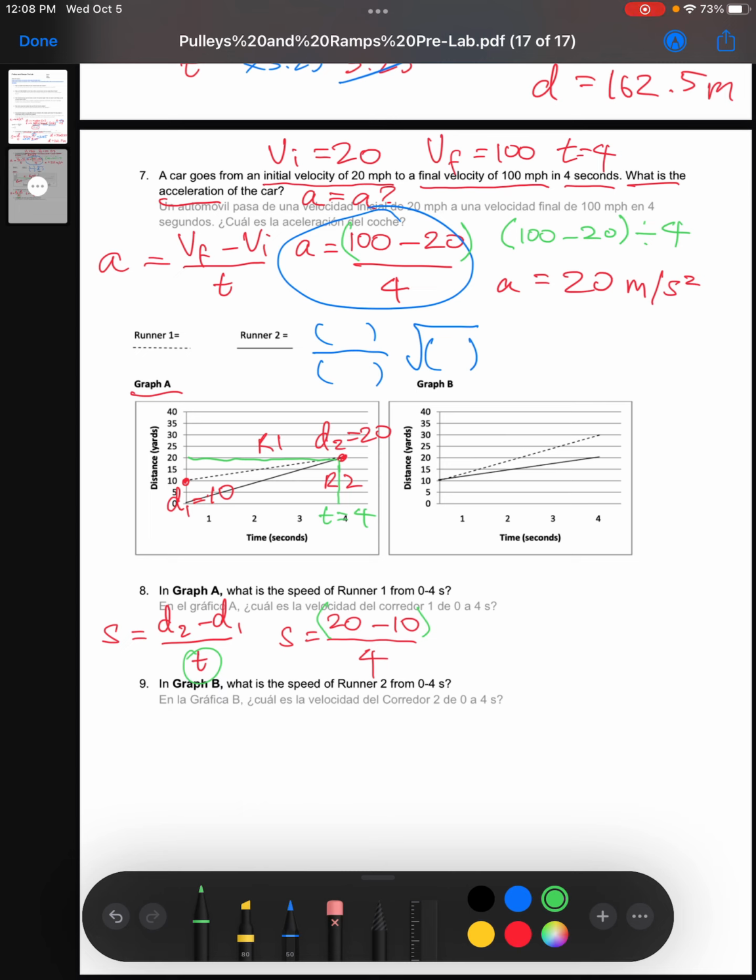So to find speed, we will write in our calculator parentheses 20 minus 10 close parentheses divided by 4. And when we do that in our calculator, we will get that the speed equals 2.5 meters per second.